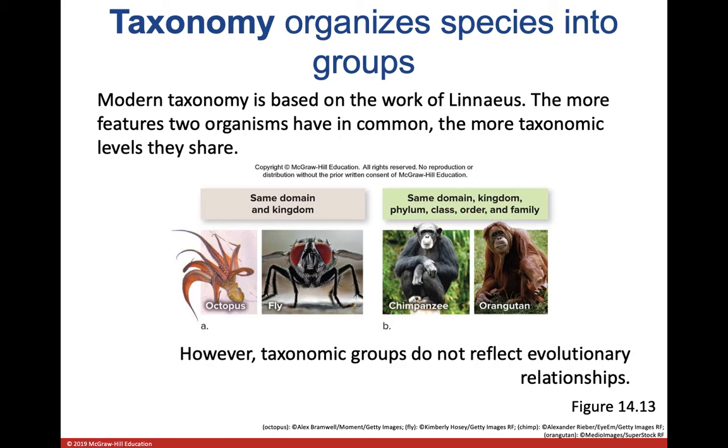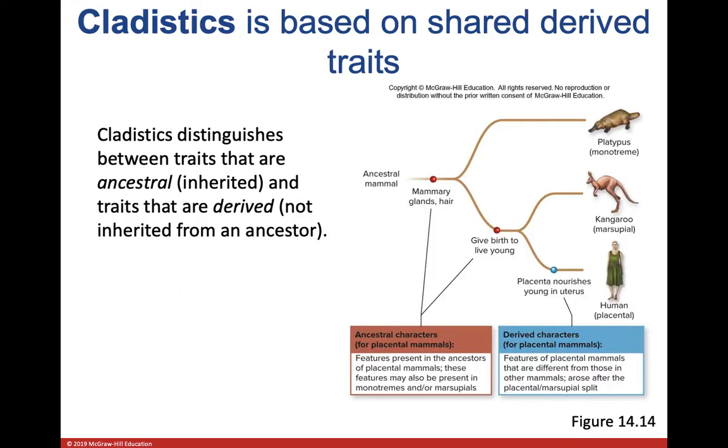Now, if you really want to see who's related to who, you have to start talking about cladistics. And cladistics is going to allow us to put animals on a cladogram, which is what you see here. And this allows us to figure out when traits that are unique to each one of these groups of organisms evolved and which groups of organisms share it in common with them. So who's related to who, and when did that trait come into that particular family.